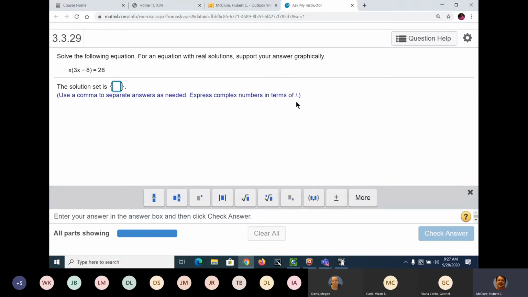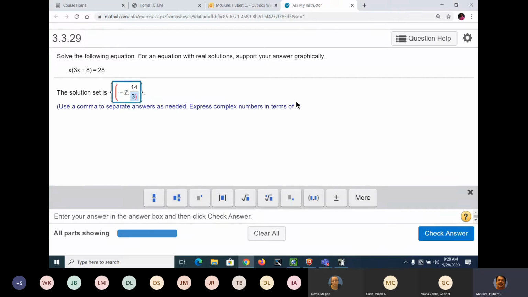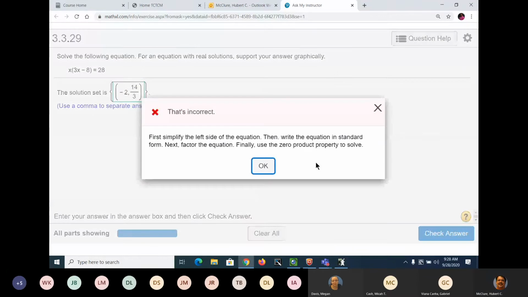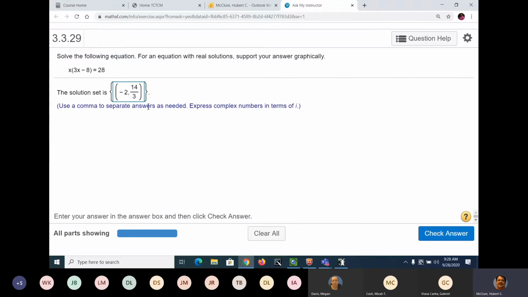So it should be parentheses, -2 is our x-intercept, comma, 14/3, close parentheses. That should be our solution set. I must have typed something in wrong or they don't like it. Use a comma to separate answers needed.